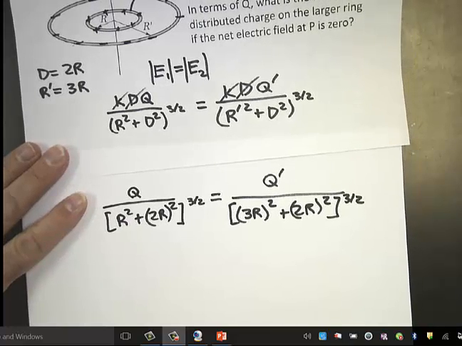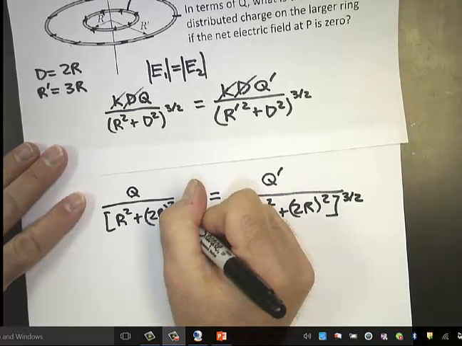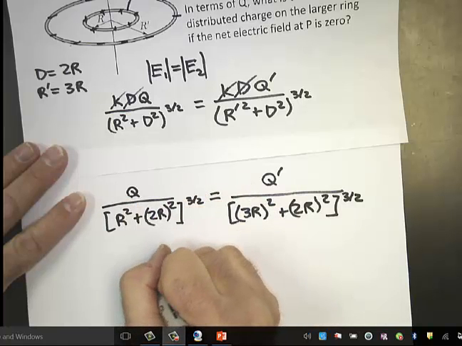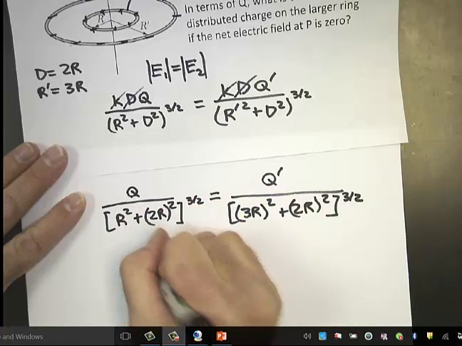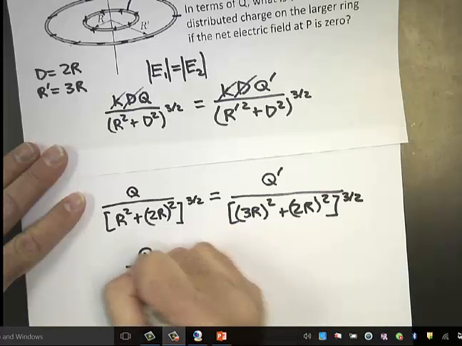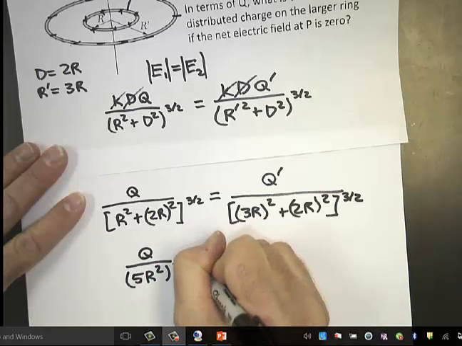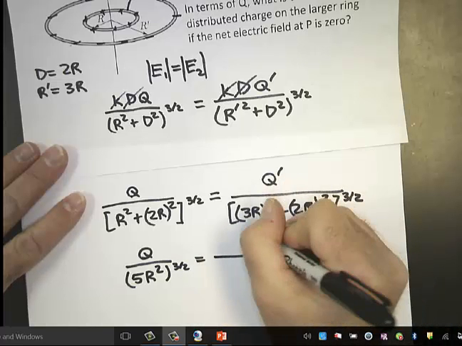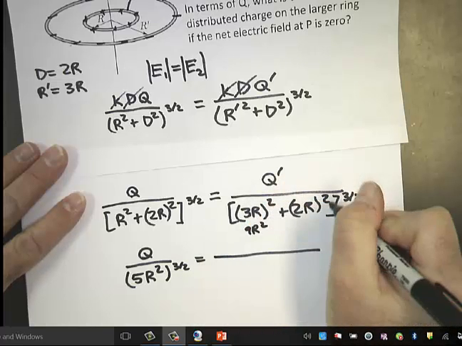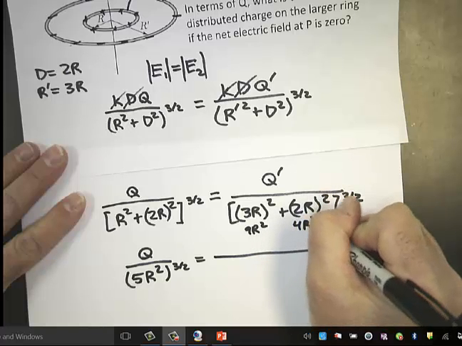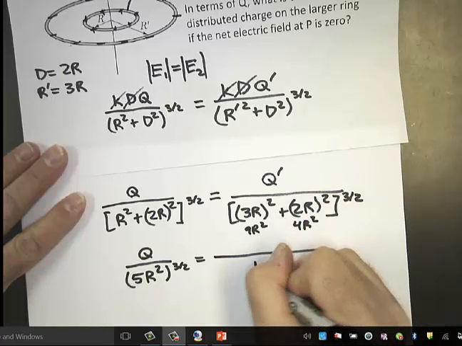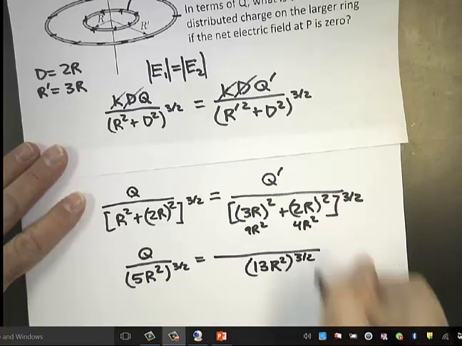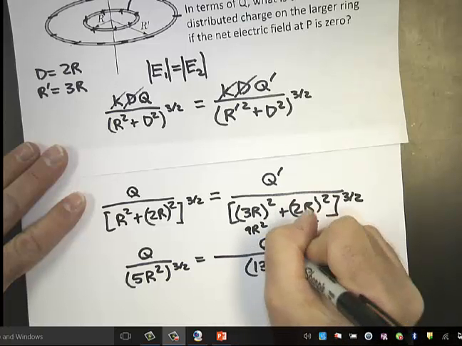You can already see where this is going. This is going to be R squared plus 4R squared, so 5R squared on the bottom. Over here I've got 9R squared plus 4R squared, so 13R squared to the 3/2 on the bottom and a Q prime on top.